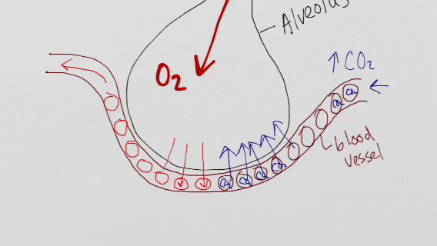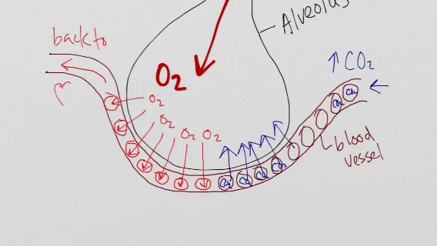So that O2 is going to make its way to these guys. So these are little O2 molecules. And then these guys are going to go back to the heart to be pumped everywhere else in the body.